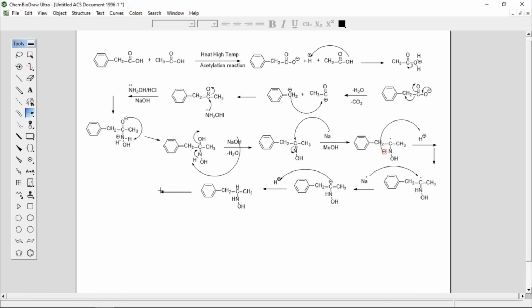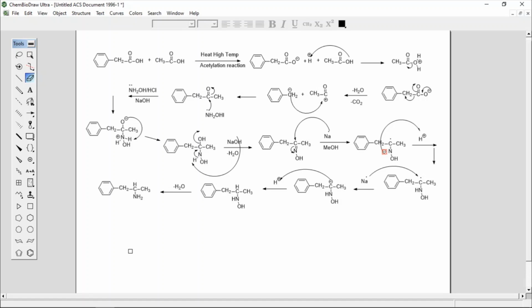So the next step is simply the loss of this OH, H2O. After hydrolysis, you will get your final product, that is amphetamine. You get the final product, amphetamine.